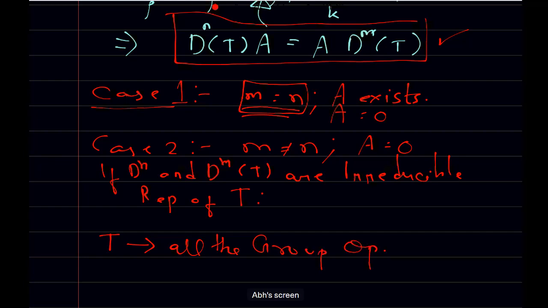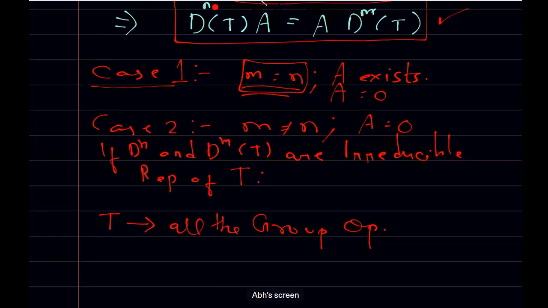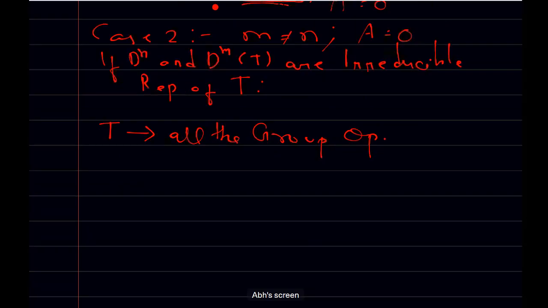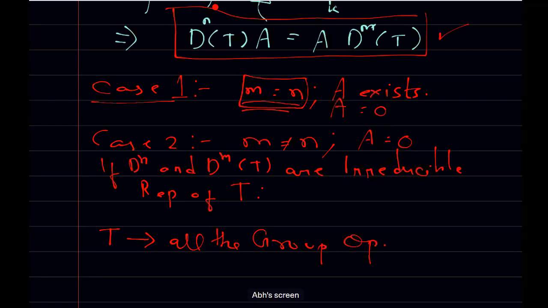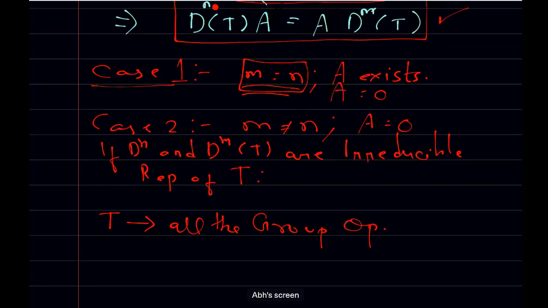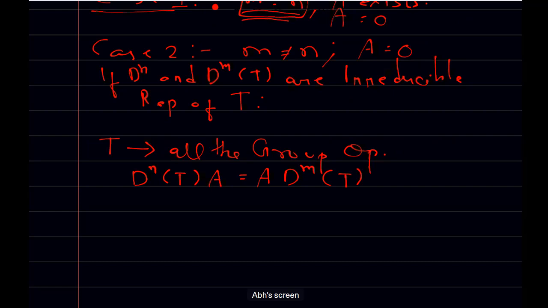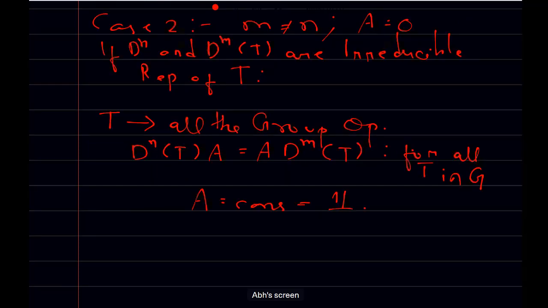That means you can have this relation: dn of T, some matrix A, equals A, some matrix dm of T. This relation is true for all the operators T that exist in group G. Then the only outcome is that A is a constant times the identity matrix.